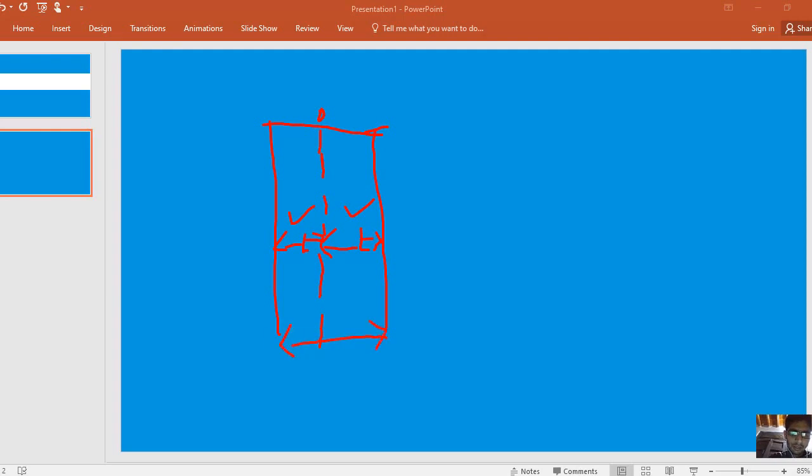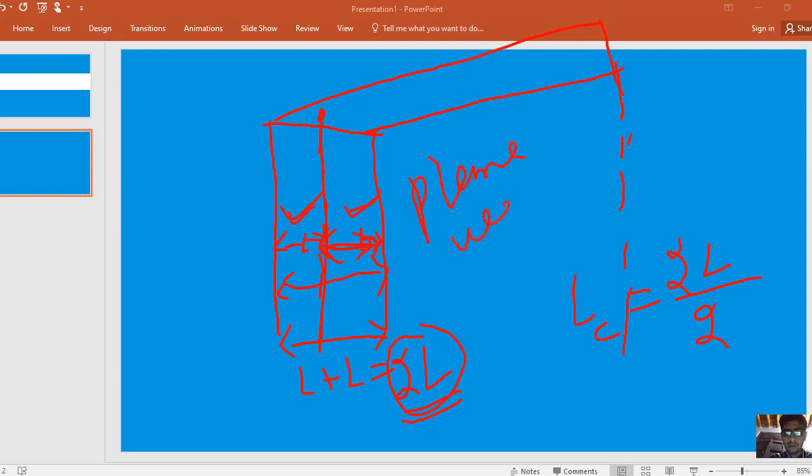So our whole thickness is L plus L, which is equal to 2L. This is the thickness of the wall. For this wall, the characteristic length will be the thickness of the wall 2L divided by 2, half of the thickness. So this will be the characteristic length of the plane wall.